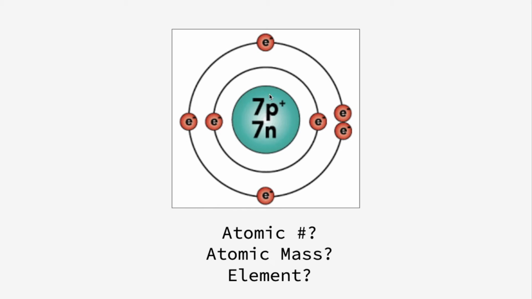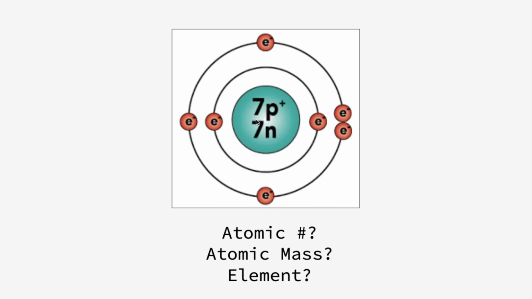Our atomic mass is going to be our weighted average mass, and remember that's going to be our protons plus our neutrons. Therefore, if we have 7 protons and 7 neutrons, then our atomic mass must equal 14. Now, if we look on the periodic table and we look for an element with an atomic number of 7, you should come across the element nitrogen.